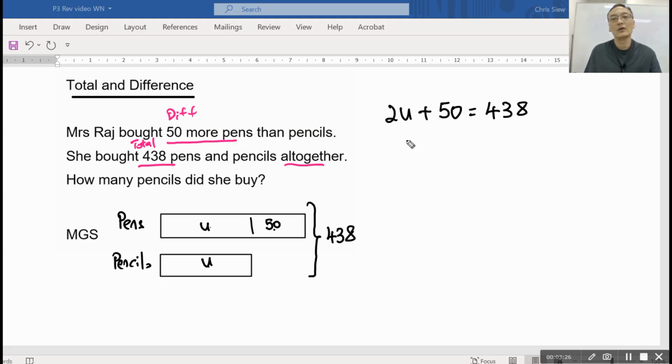Next, we're going to find the value of 2 units. Now, if these two numbers add up to give you 438, if we take away 50 from the total, we'll be able to find the value of these 2 units. Therefore, we take 438 minus 50. So we carry out our subtraction.